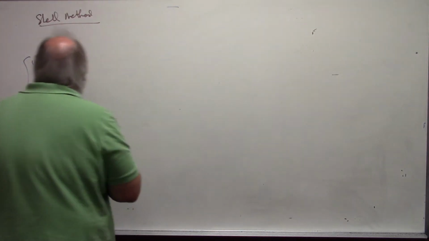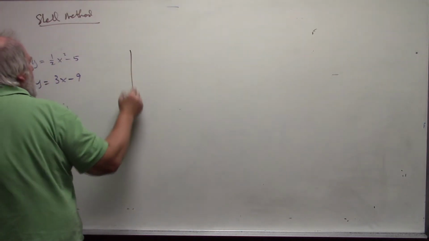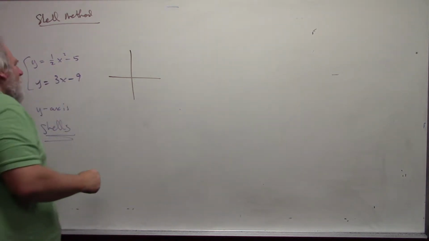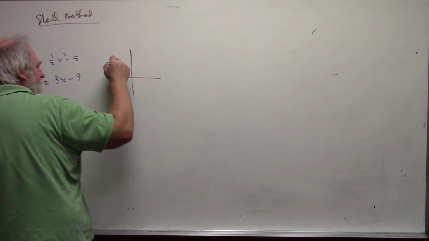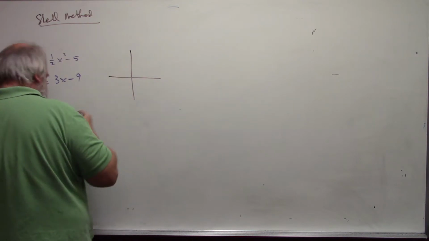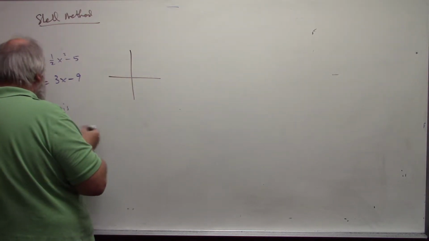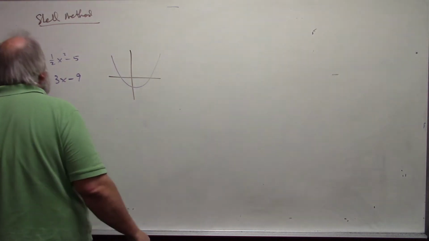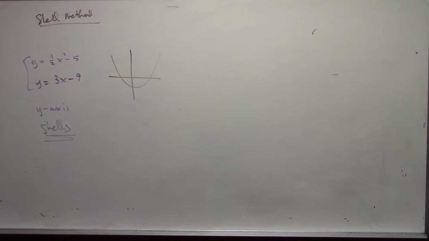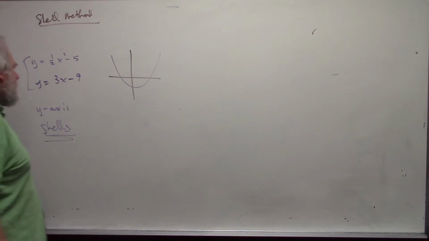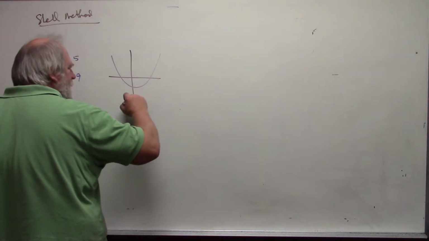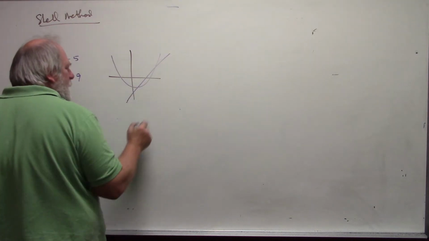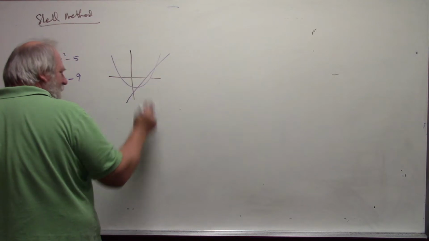So y equals 1/2 x squared minus 5 is a parabola that opens up a little bit wide and is shifted down. So something of the nature of like this. And y equals 3x minus 9 looks like this. And so this region is what I'm going to have.